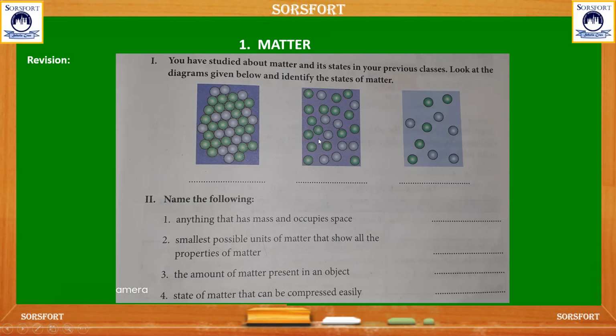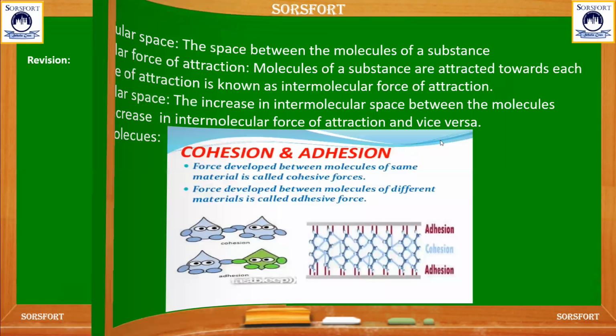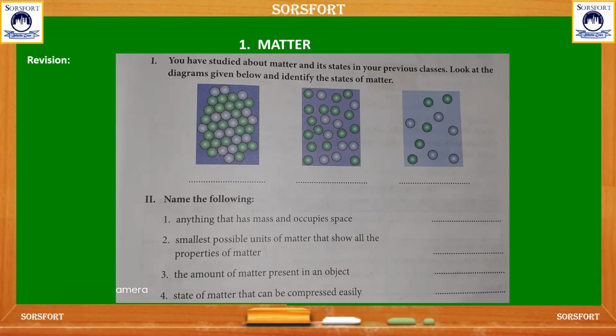Liquid has more space compared with solid, and gas has more intermolecular space. What exactly is intermolecular space? The space between the molecules, correct? The space between the molecules is known as intermolecular space.